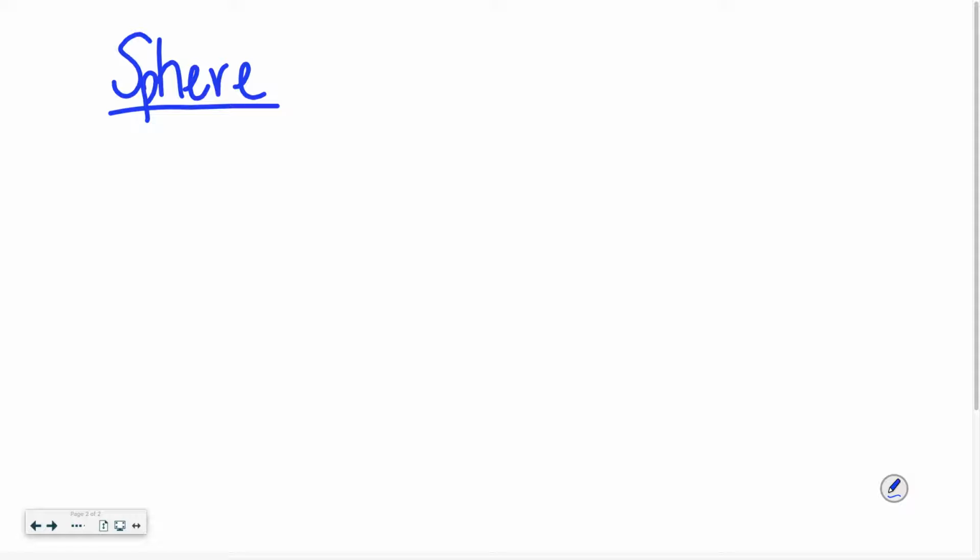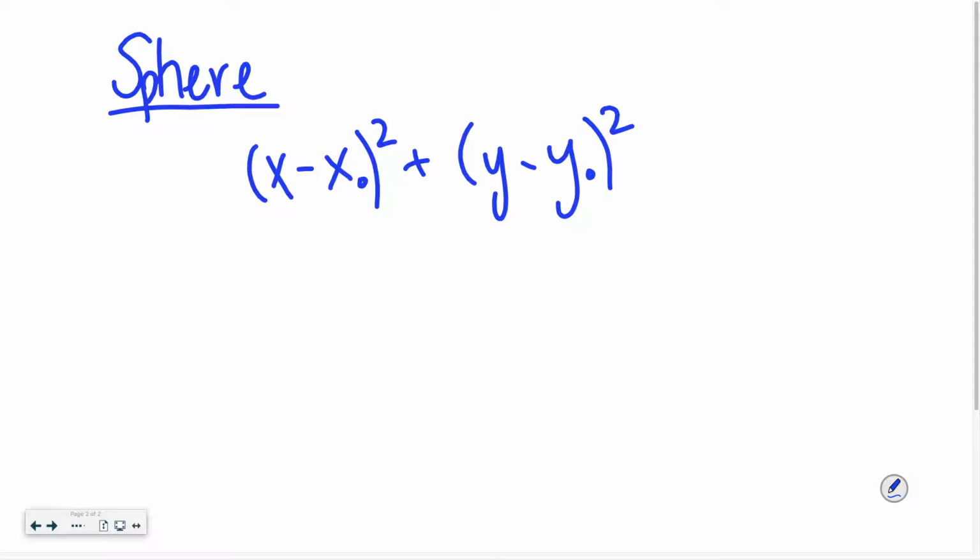Okay. So the equation of a sphere. That looks familiar, right? That's a circle. So we just squared the distance formula. And then we do the sphere.